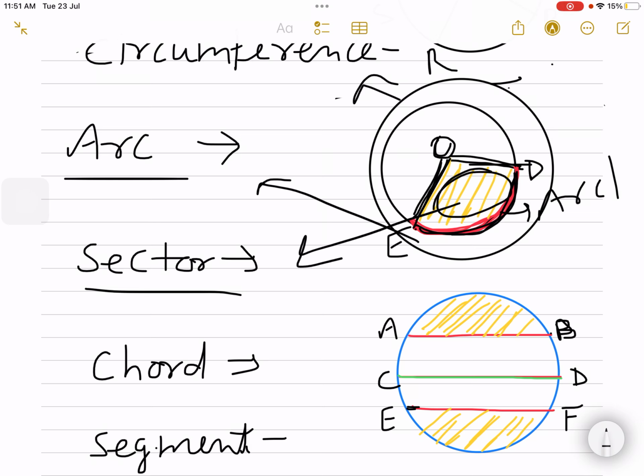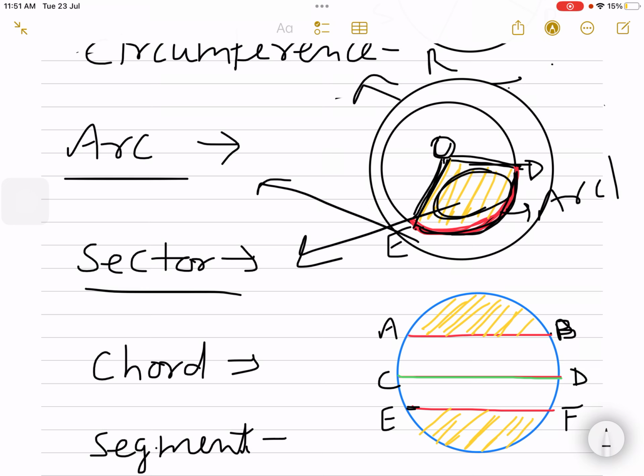This area is known as the sector of the circle. Here 2 points on the circle, that is curved part of the circle, is known as the arc, while the area between two radii and an arc is known as the sector of the circle.